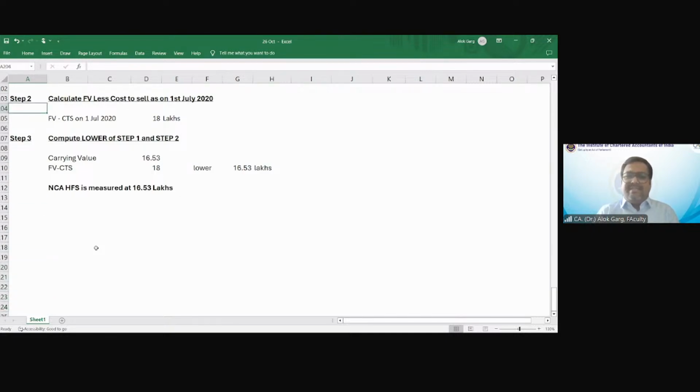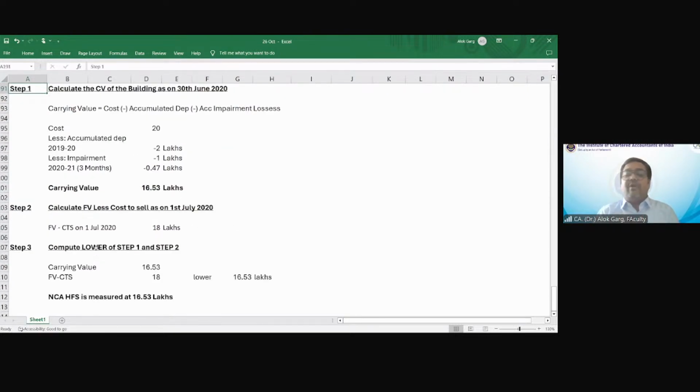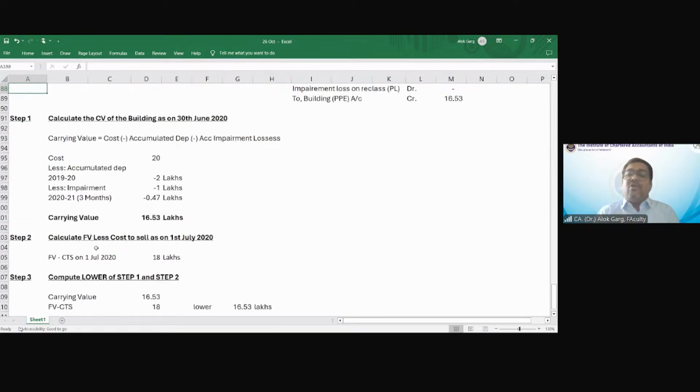Now, in this example, what happens if the company has not sold this particular asset up to 31st March 2021? What is the subsequent measurement requirement?